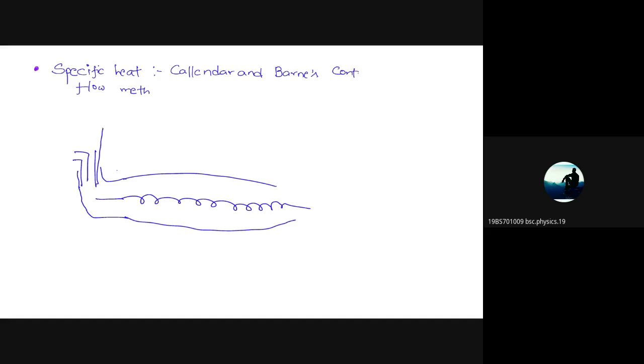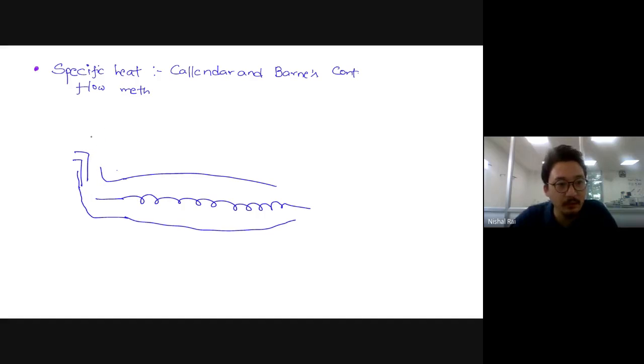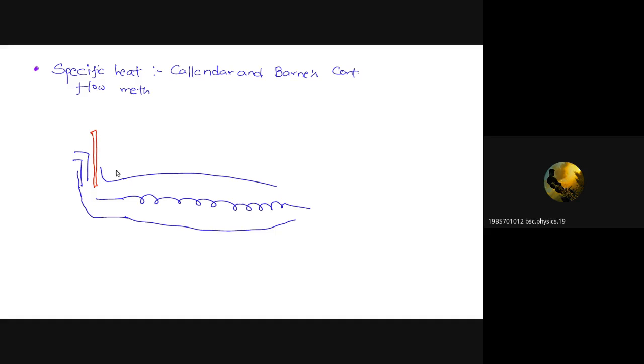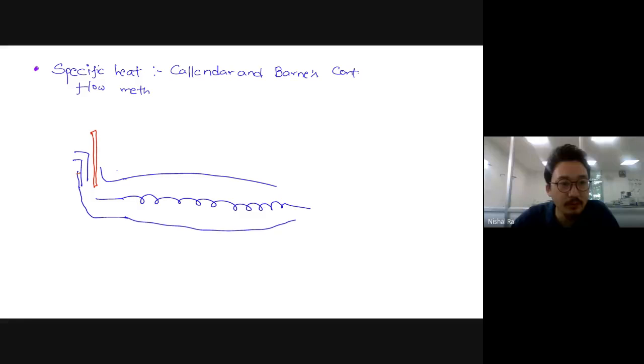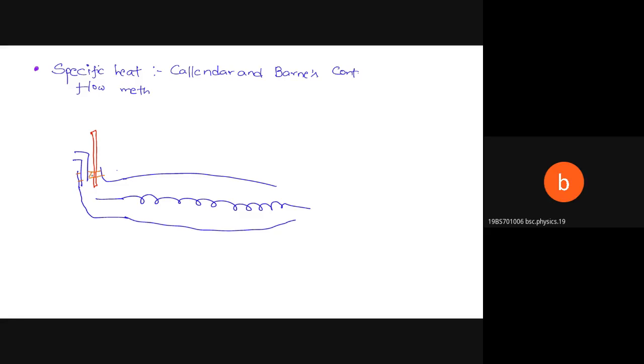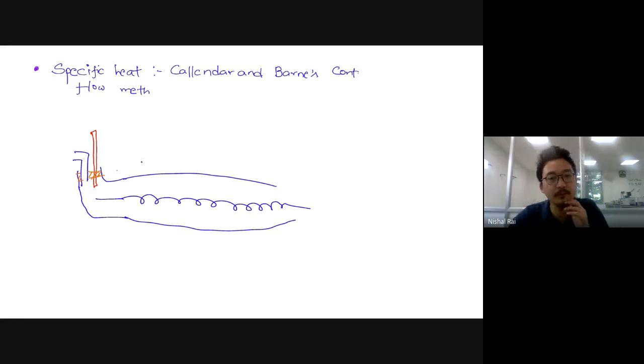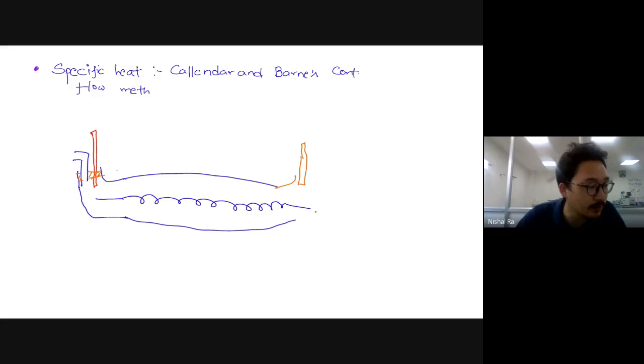It is made out of an inductor, so there is a certain kind of inductor present over here.